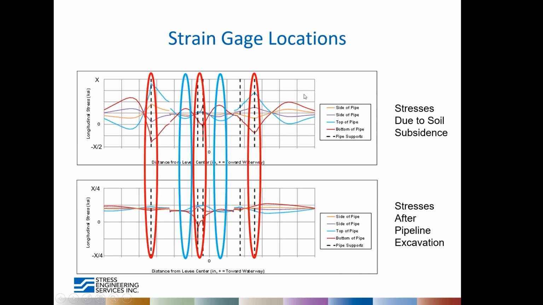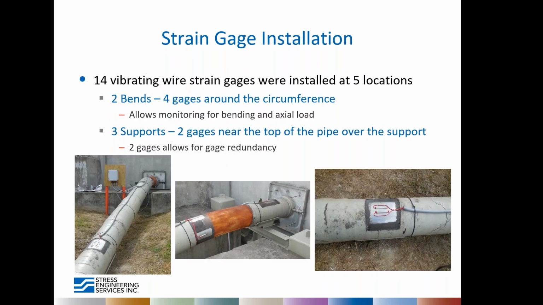So basically we identified 5 locations for strain gauge installation. Basically at each of 3 pipe supports, as well as 2 bends in the pipeline around the levee in the blue circled areas. So if we install strain gauges in these areas, we're going to see the largest changes in stress as a function of soil subsidence. So these are going to be the most effective places to install the strain gauges.